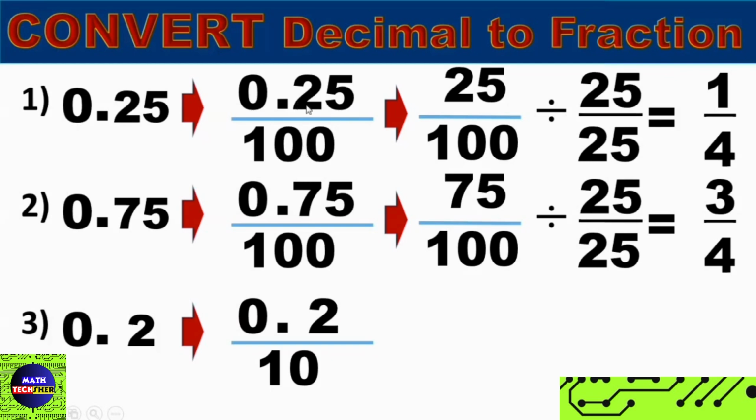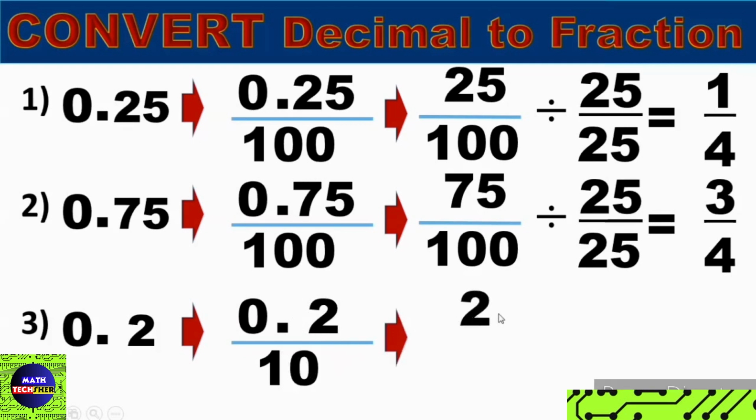Therefore, 0.25 is divided by 100 and 0.75 divided by 100, while 0.2 is divided by 10 because it has only one decimal place. Okay, now we have 2 over 10, then simplified by the greatest common factor, which is 2.